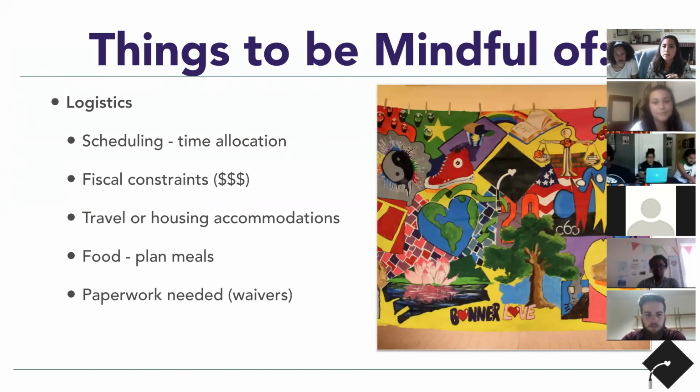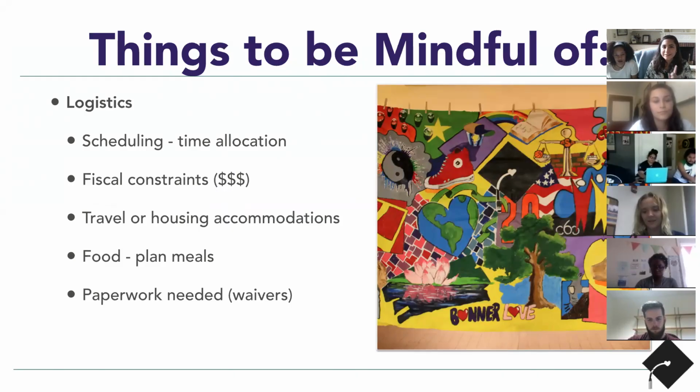I know all of these are super given, but when you're in the zone of planning your orientation, it's really easy to overlook all of these elements that could potentially hinder the effectiveness of your program. So scheduling: make sure that you give the activities that you want to have enough time to execute. Make sure that you leave yourself some extra time or some extra room or some backup activities, anything like that.